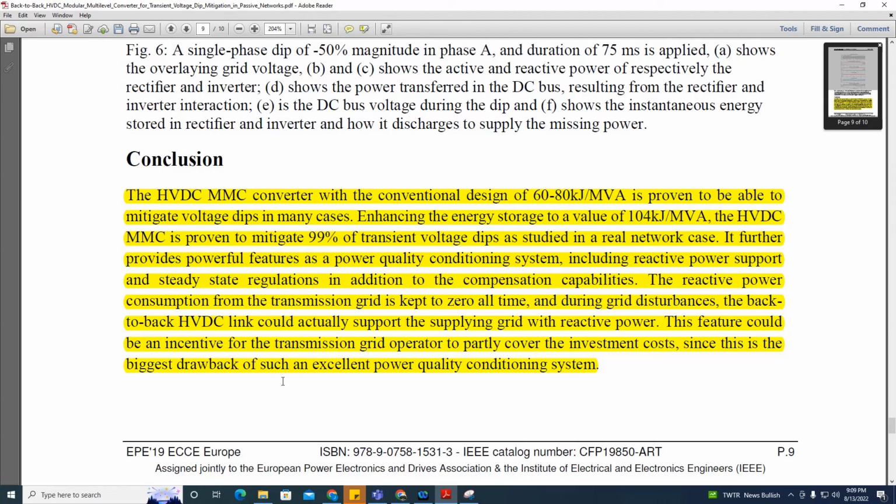But the main drawback of this topology is that its initial cost is going to be very high.